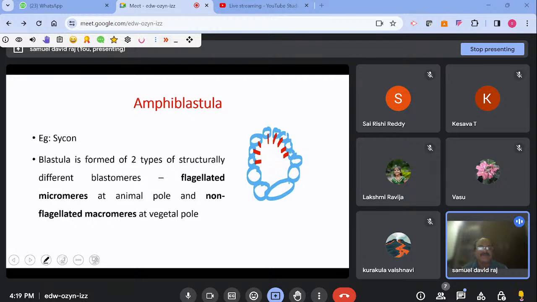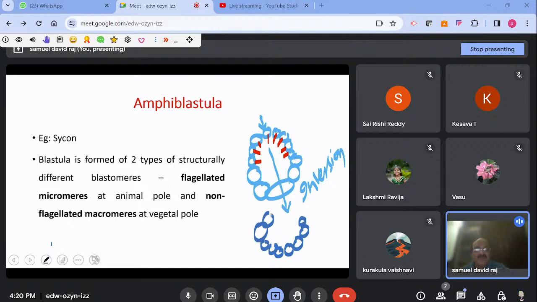Now what happens is, the micromeres pull through the hole, and they undergo a process called inversion, that is not seen in any other animal throughout the animal kingdom. So at the end of this, there are micromeres on one side and macromeres on the other side.